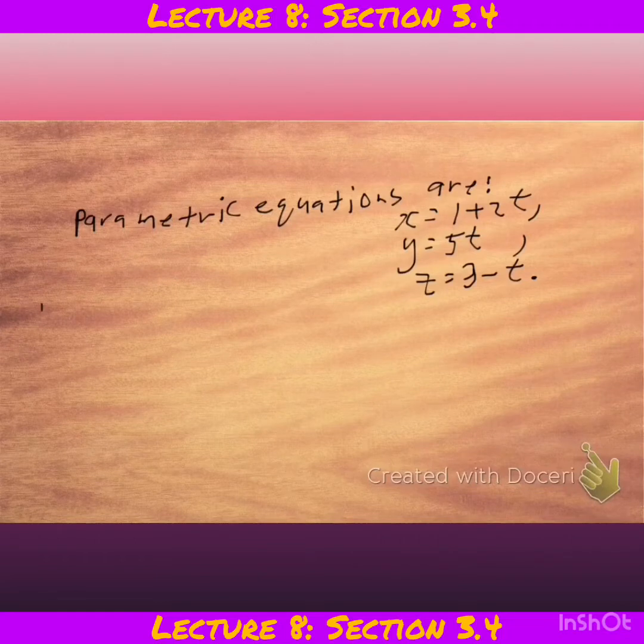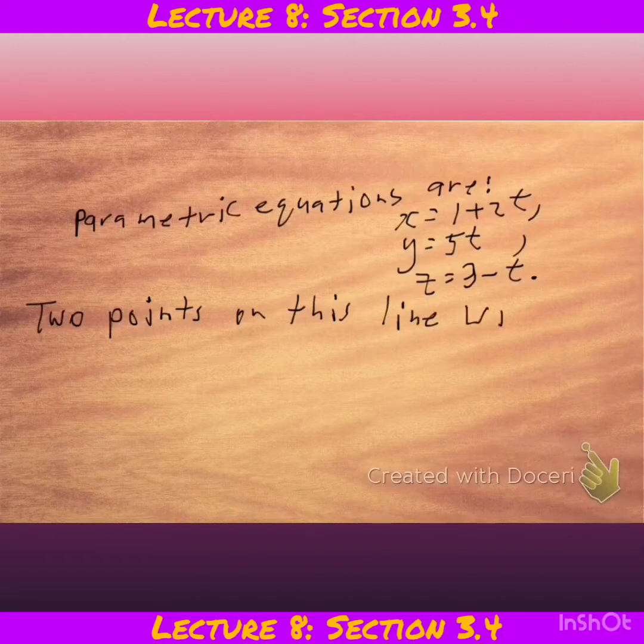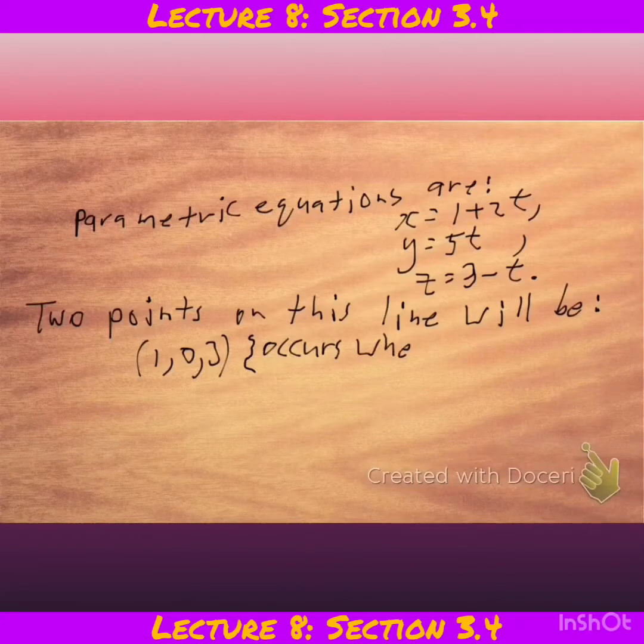Alright, so 2 points on this line will be, let's take one of the easiest, make t 0, so that's going to be the point 1, 0, 3, and that occurs when t is equal to 0.